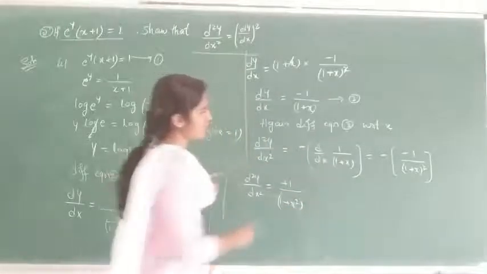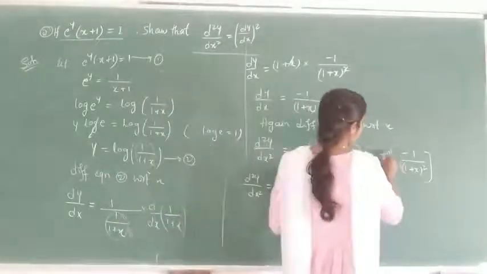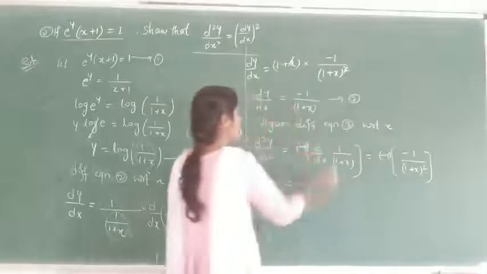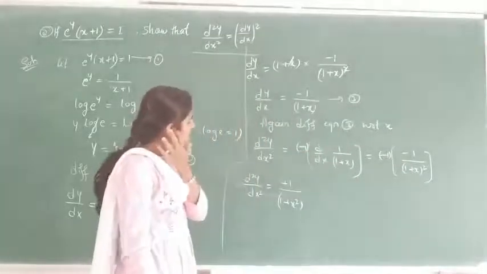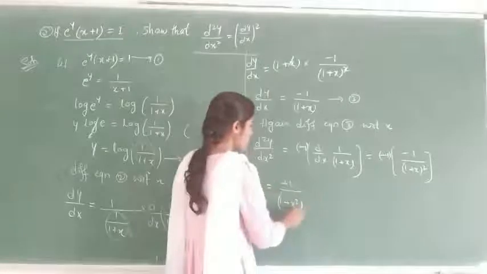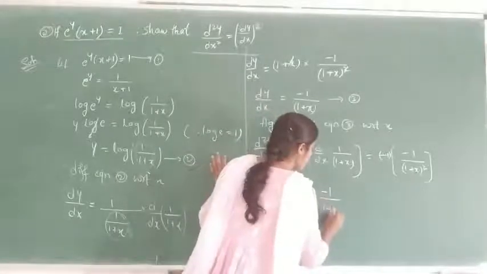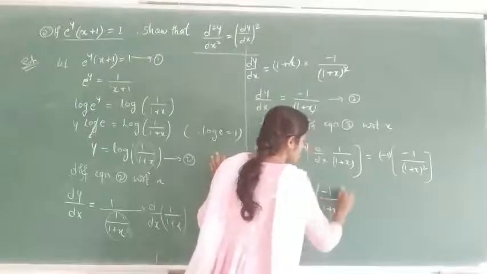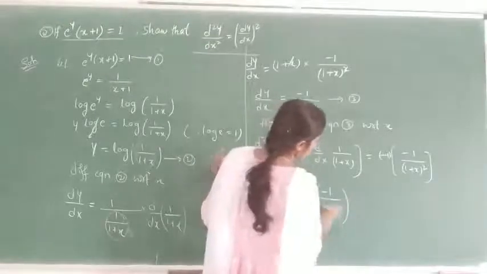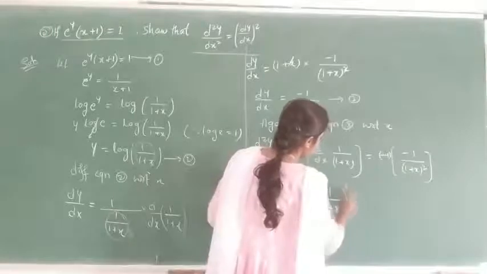Here we have a minus 1, suppose. Minus 1 squared is plus 1, so you can write plus 1 divided by 1 plus x whole square. That can be written as minus 1 by 1 plus x whole square.